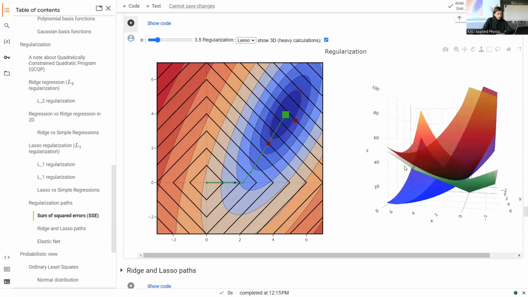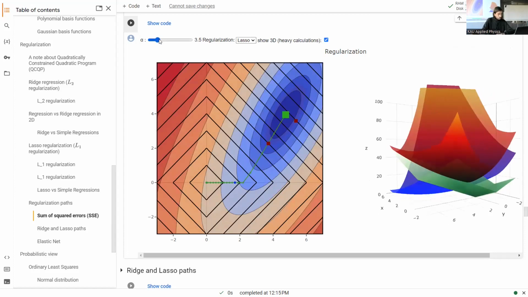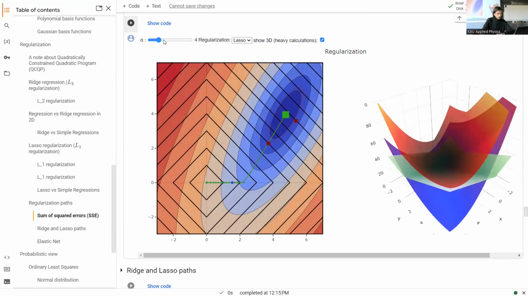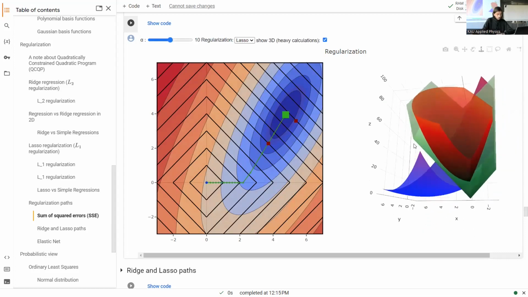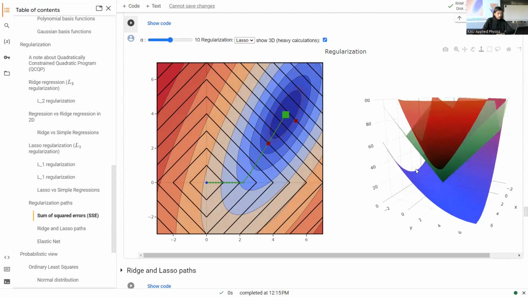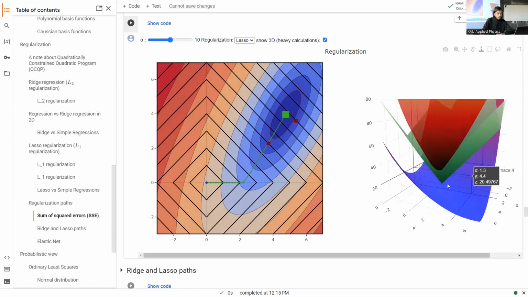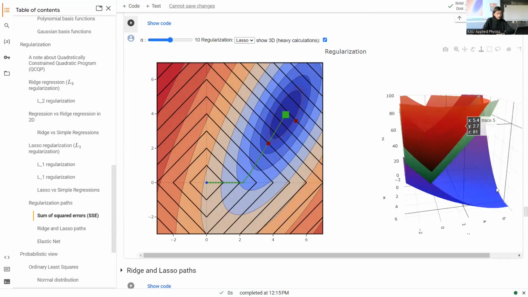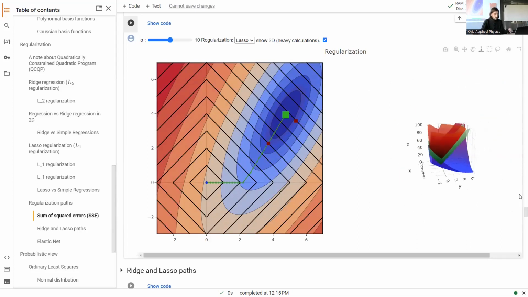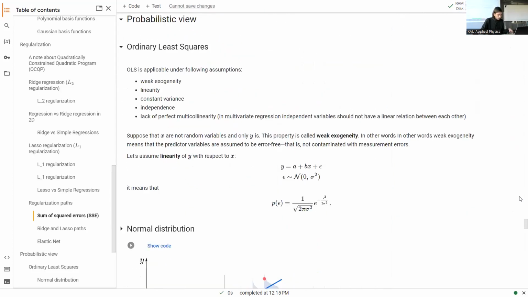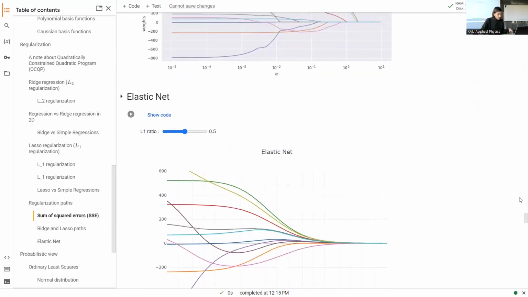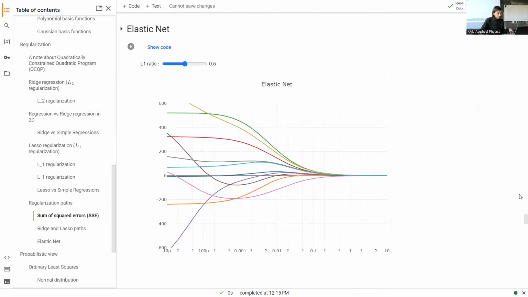Here is the 3D plot. You see what happens when I'm increasing the strength of my minimization. And here are the original function that I have minimized, and the Lagrangian that I get when I add everything up with that alpha coefficient. Okay.